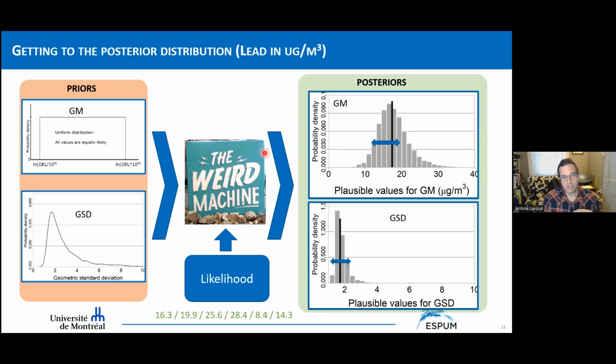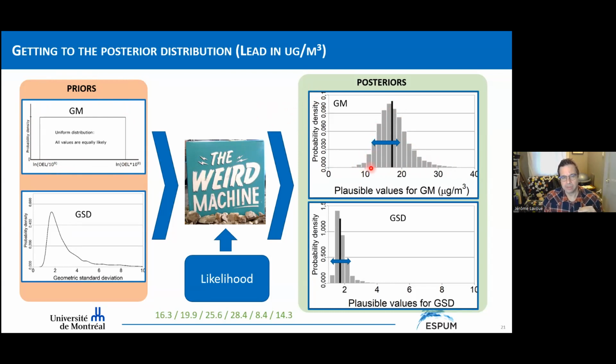So now let's look at the update process. You started with almost no knowledge, between almost 0 and plus infinity. And after creating the likelihood and merging it with the geometric mean prior, you see our histogram of 25,000 plausible values for the geometric mean. Now it's much thinner. It has an almost symmetrical shape, not exactly.